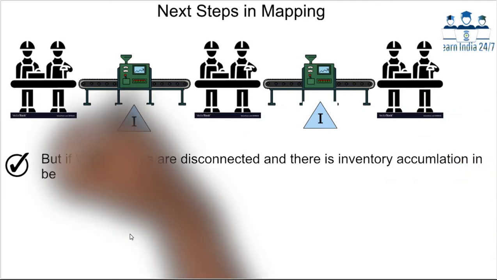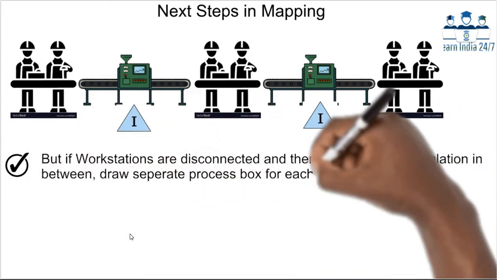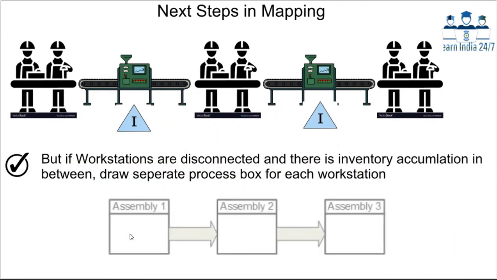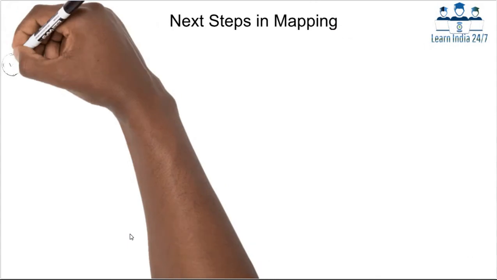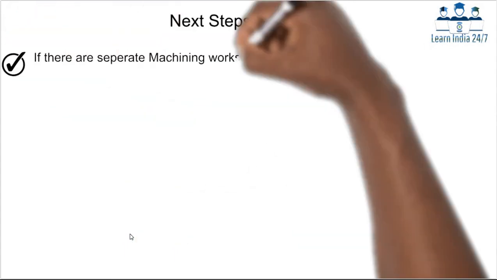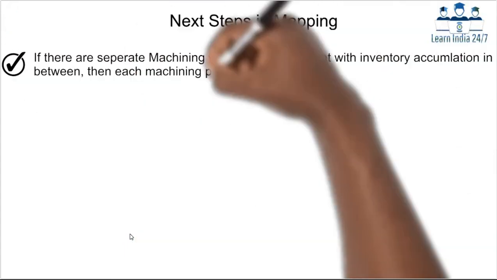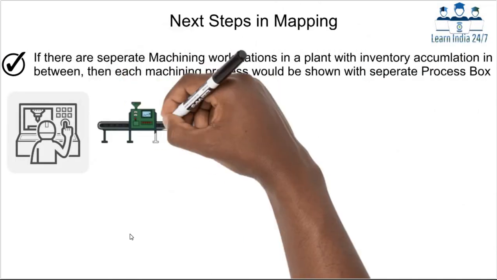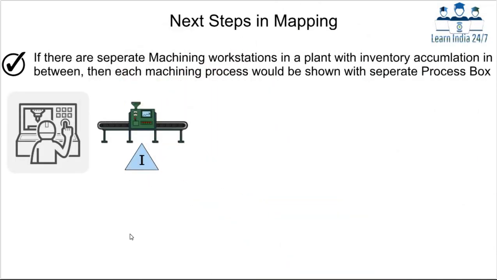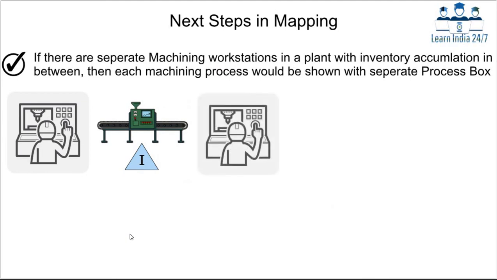But if workstations are disconnected and there is inventory accumulation in between them, draw a process box for each workstation. Similarly, if there are separate machining workstations in a plant with inventory accumulation in between, then each machining process will be shown with a separate process box.